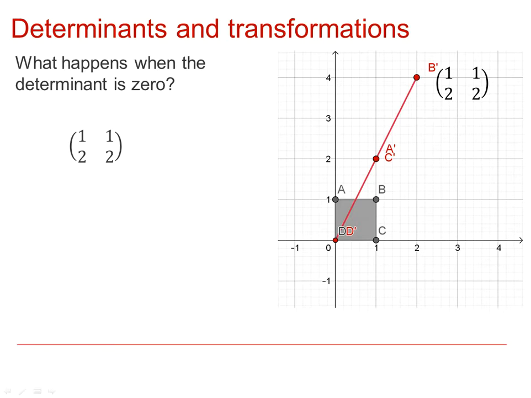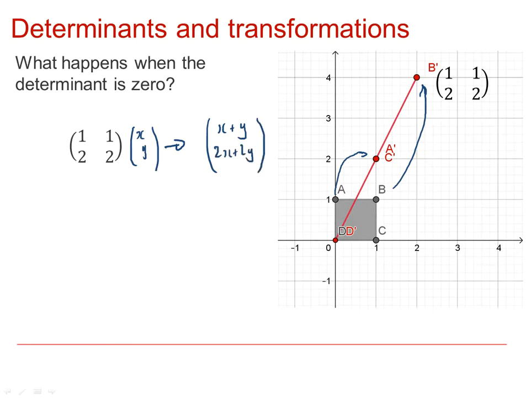If the determinant is 0, as is the case here, then all points map onto a straight line, so the image has 0 area. You can see here that A is mapped onto A dashed, B onto B dashed, and they're on this line. We could take a general point (x, y), and that will map onto (x plus y, 2x plus 2y) for any value of x and y.